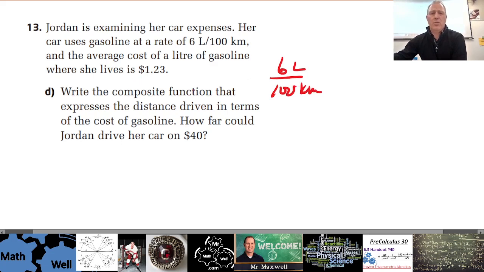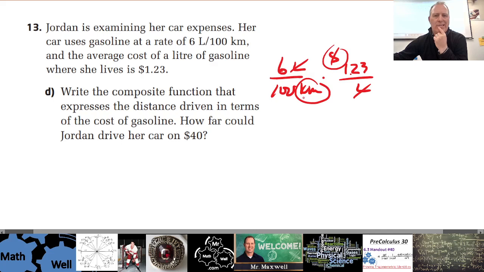So the cost of gasoline is going to be $123 per liter. Now, if I multiplied those two together, the liters would go, I'd get dollars per kilometer.